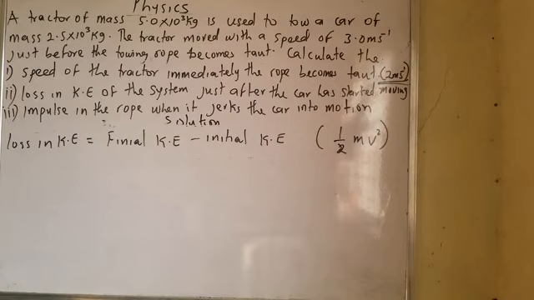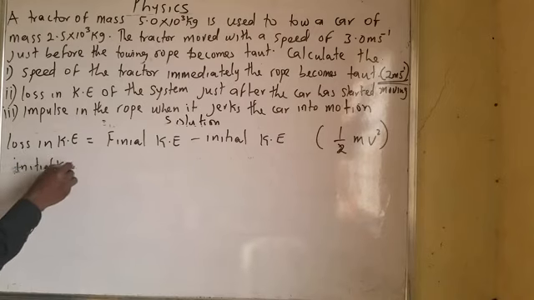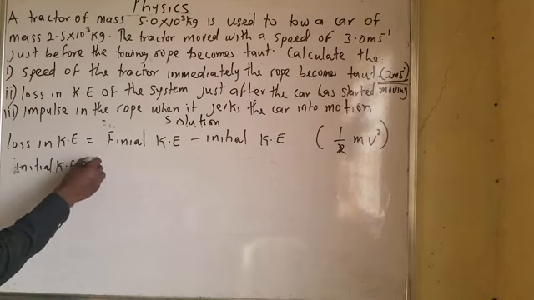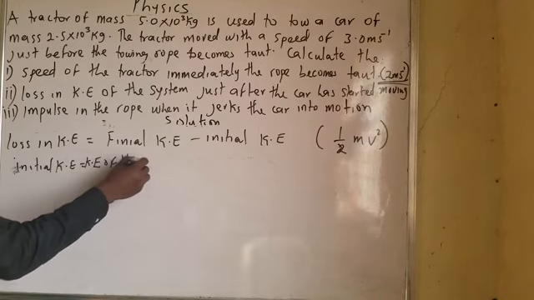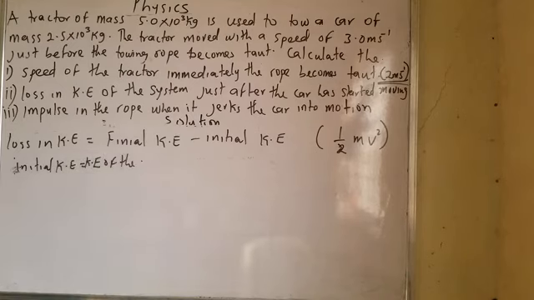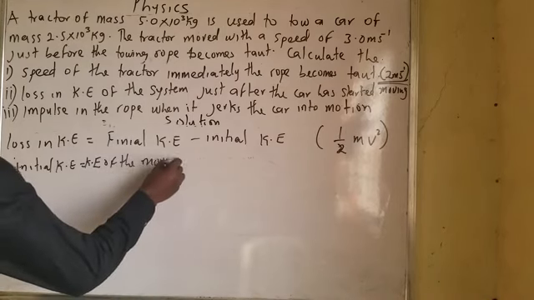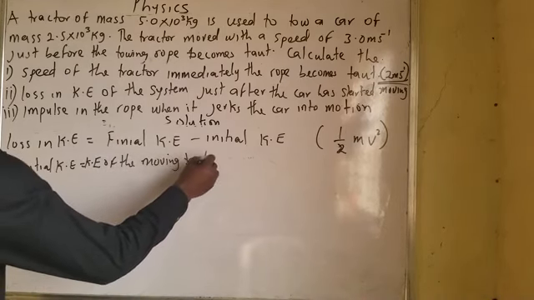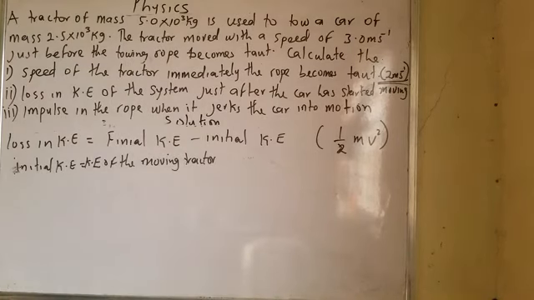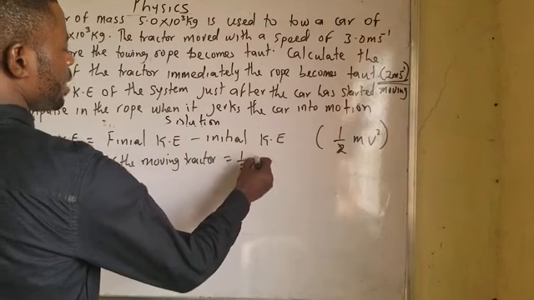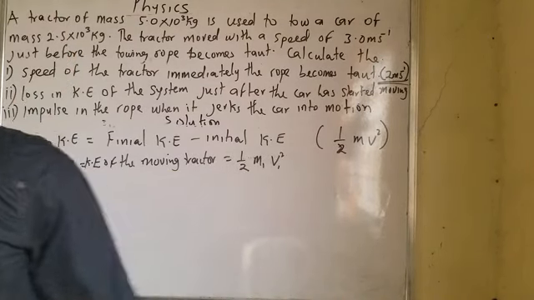With that formula I can say that normally I have this and this. It means my initial kinetic energy will be equal to the kinetic energy of the moving tractor, which will be equal to 1/2 m1 u squared.